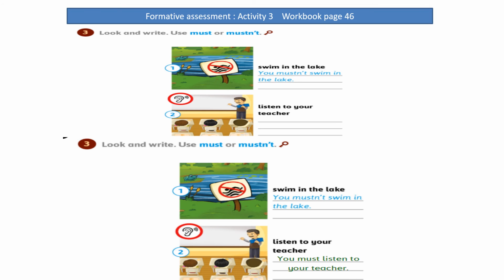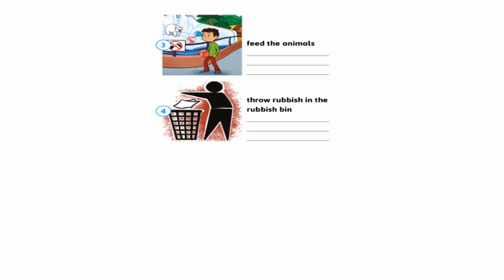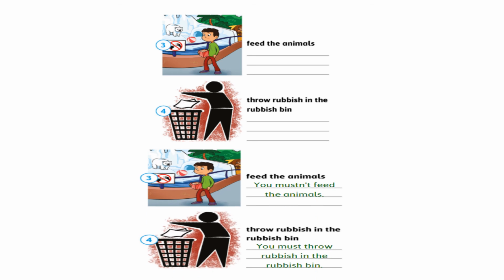Okay. Number 2, feed the animals. We must or mustn't? You mustn't. You mustn't feed the animals. Very good. Throw rubbish in the rubbish bin. Must or mustn't? Must. You must throw rubbish in the rubbish bin. This is the right answer.